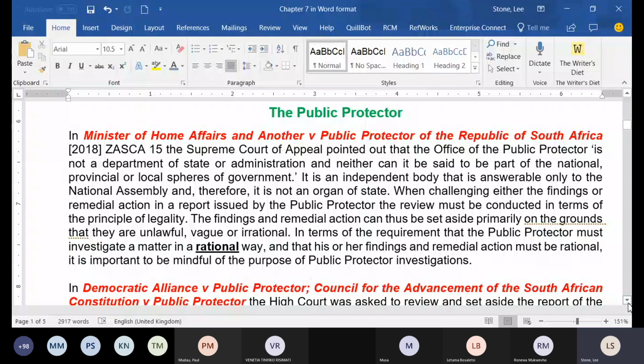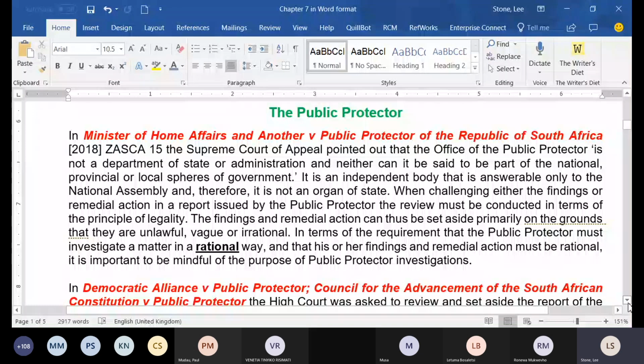And what that is, is that just like our legislature and just like our executive must at all times act rationally, the powers conferred on the public protector are that the public protector investigates any and all allegations of abuse of power, corruption, and any conduct that is prejudicial to the community or the society at large.